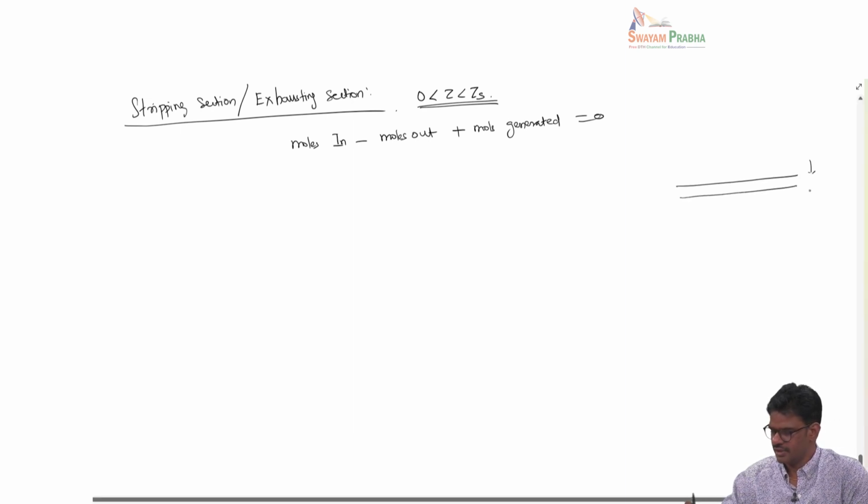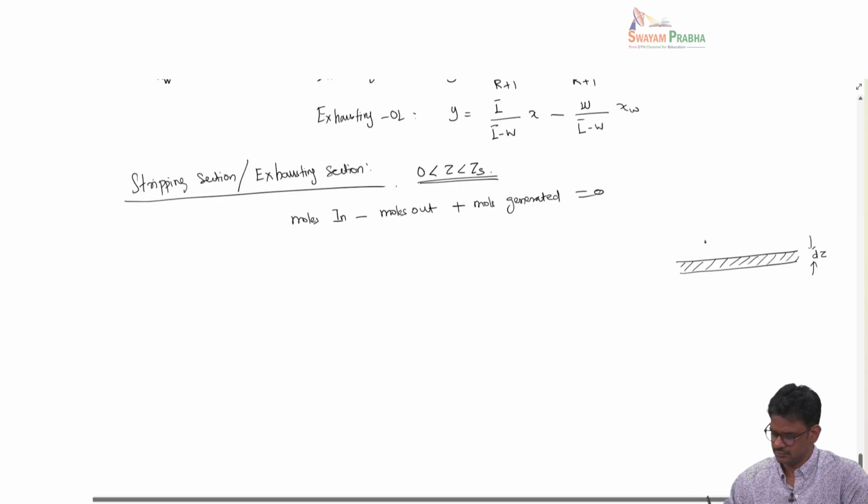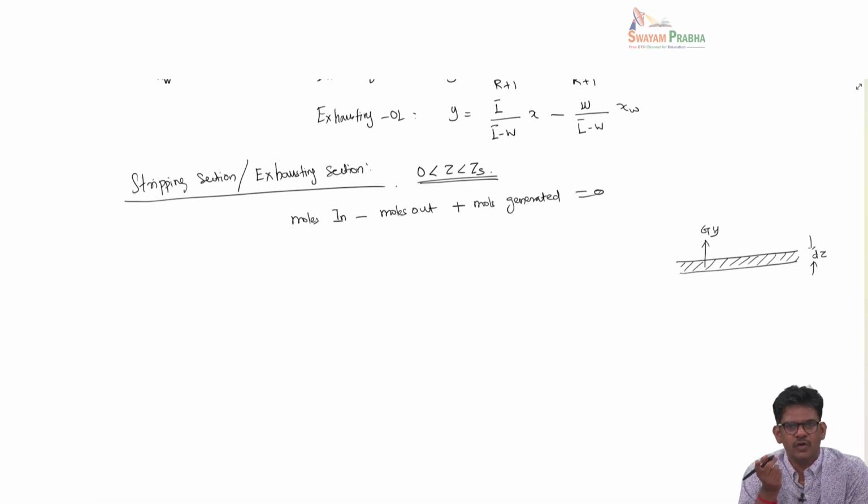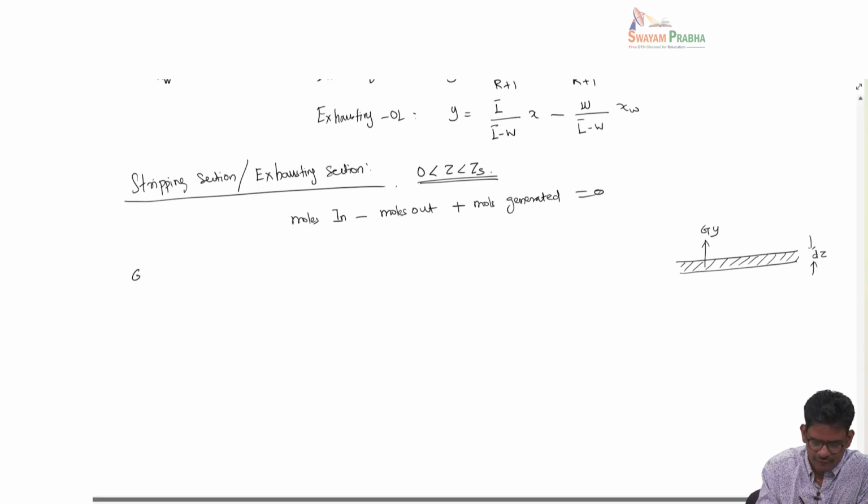So we are talking about a thin shell of dz. Now another thing we will do is, because it's a packed column, we will denote all the molar flow rates G, L in terms of moles per unit area per unit time.